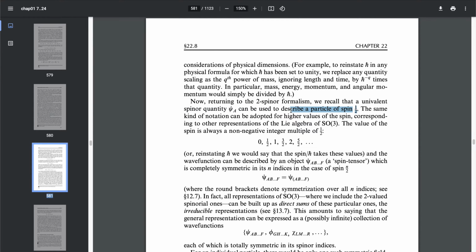He hasn't said anything about that before, so at that moment I just believed him. The same kind of notation can be adapted for higher values of the spin, corresponding to other representations of the Lie algebra of SO3. The value of spin is always a non-negative integer multiple of 1/2, like 5/2 for example, or 4/2, which equals 2.